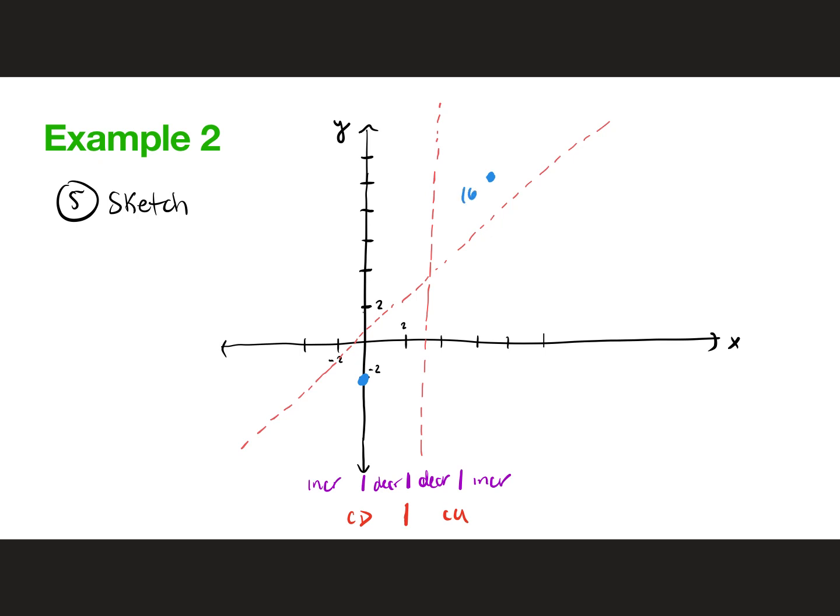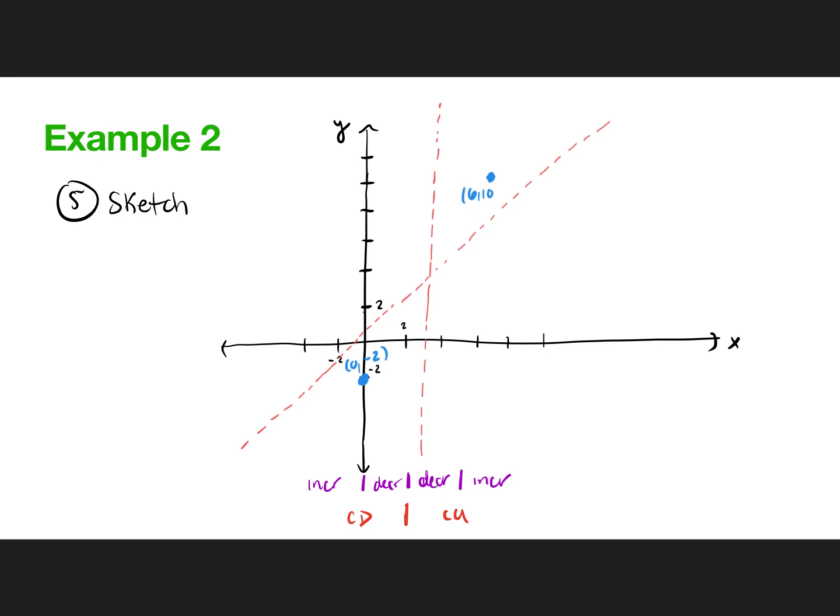And so (6, 10) and (0, -2). And then we use the increasing decreasing test and the concavity test to mark on which intervals we're increasing or decreasing, where we're concave down and concave up. And now it's just a matter of plotting this graph.